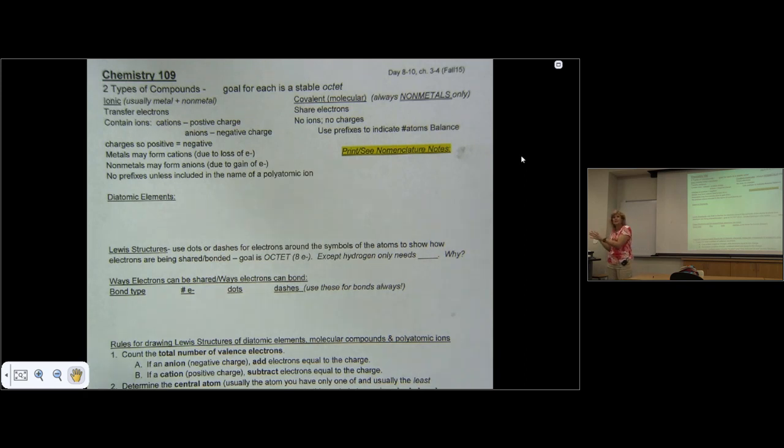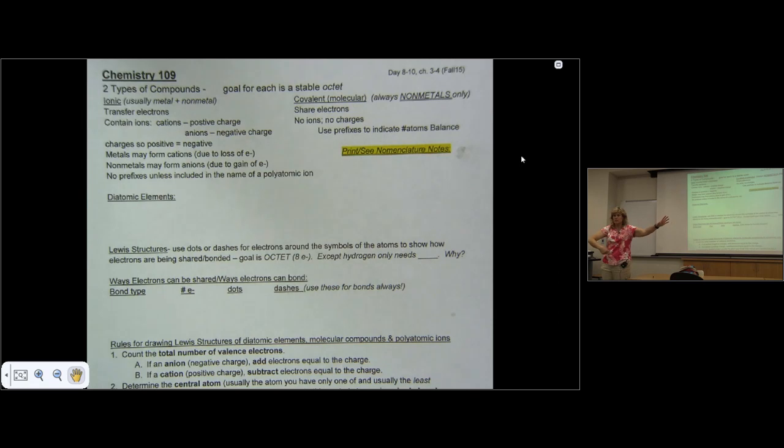But in a molecular compound, or covalent, as it's also called, what are they doing? Sharing electrons to make that octet. Now, I don't know if you caught on to my little water picture up here, but 2 was how many each hydrogen had, and that was right because they don't need an octet. But did you pay attention to how many now were around oxygen?